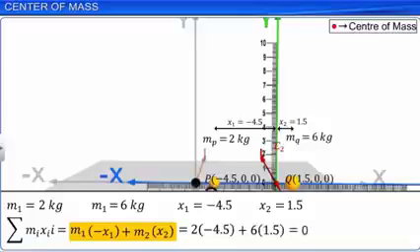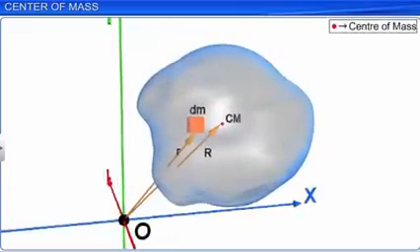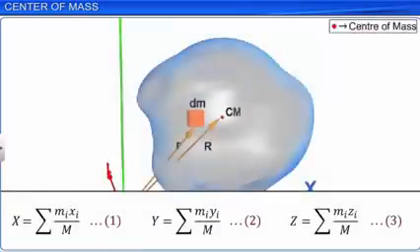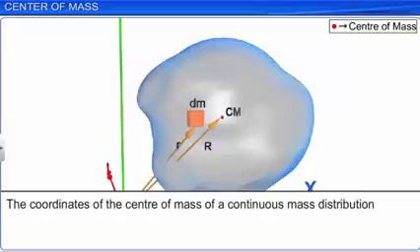When we deal with rigid bodies of continuous distribution of matter, we need to replace the summation symbol sigma in equations 1, 2, and 3 with an integral symbol. The coordinates of the center of mass of a continuous mass distribution is denoted by x is equal to 1 by M integral of x dm.